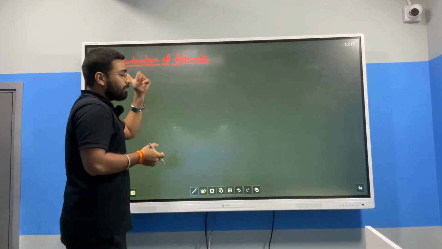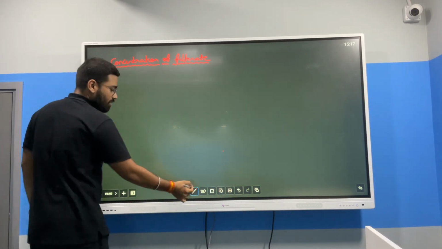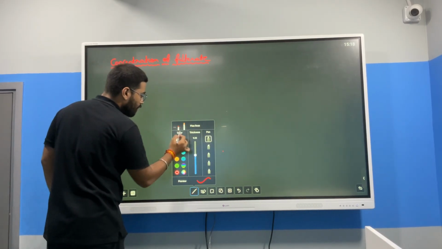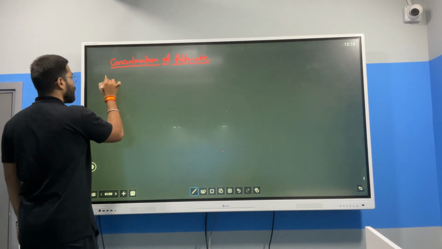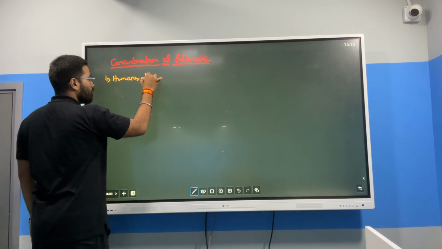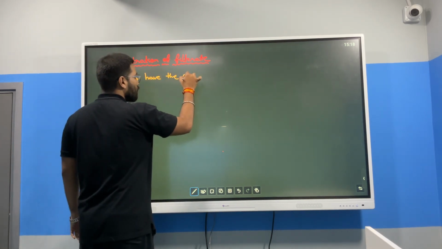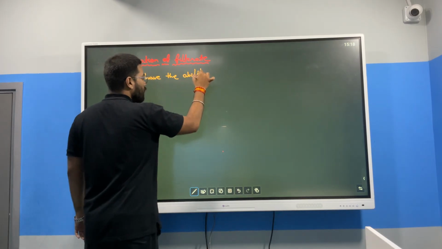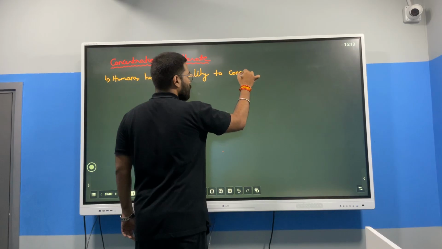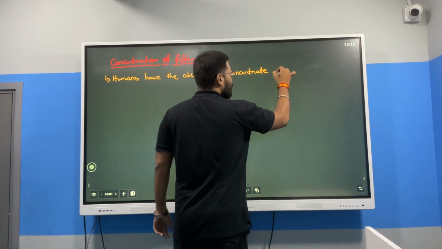On page number 295 of NCERT, under the concept of concentration of filtrate, the first sentence says that humans have the ability to concentrate urine.